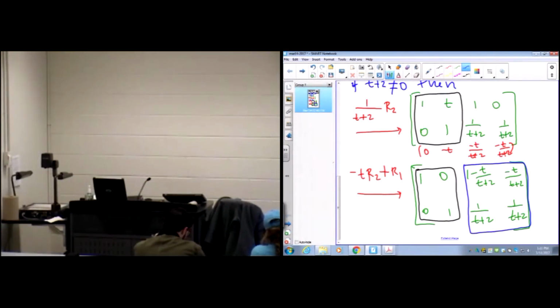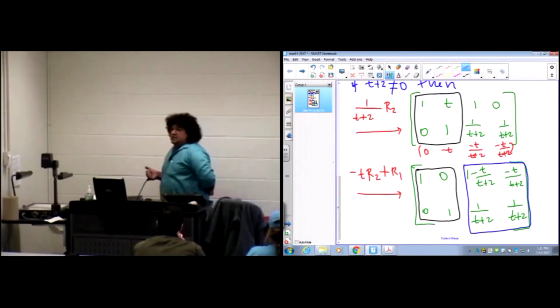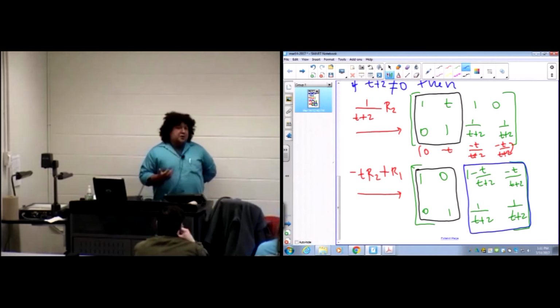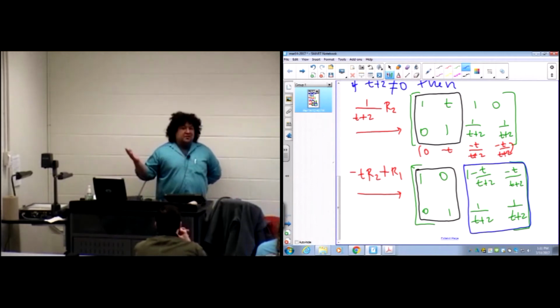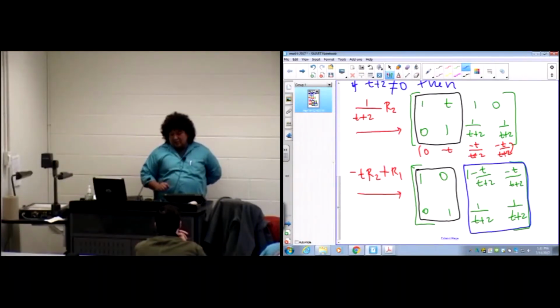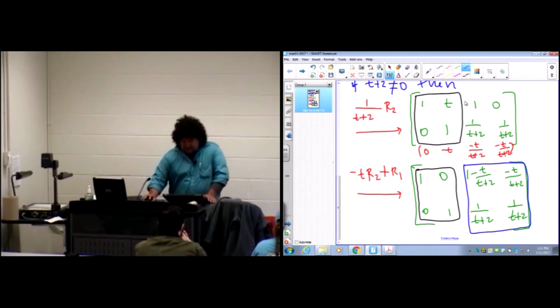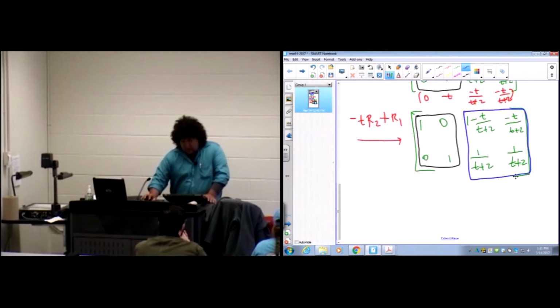So if we had proceeded with the row operations, assuming t plus 2 is different from 0. Now, if t plus 2 is 0, then the inverse does not exist.